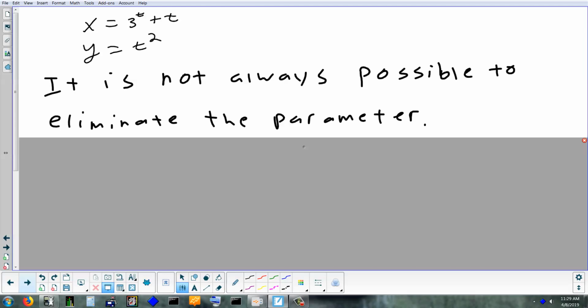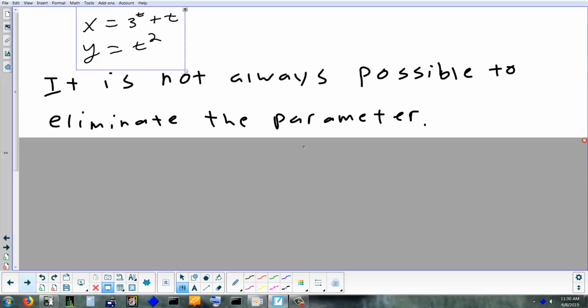It's not y that's the problem. It's x. And the problem with x is you have a t as an exponent, and you have a t as a term at the end. You can't have both. It's impossible to get t by itself. So you couldn't do a problem like that. But the ones I give you are always doable.